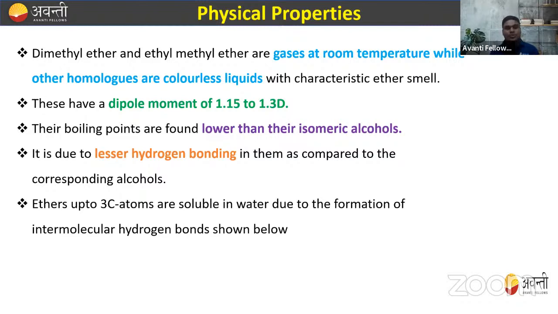Now, ethers up to 3 carbon atoms are soluble in water due to the formation of intermolecular hydrogen bonds as shown below, right? So let me draw the structure of this. Ethers basically up to 3 carbon atoms only are soluble in water due to the formation of intermolecular, not intra, hydrogen bonds, right?